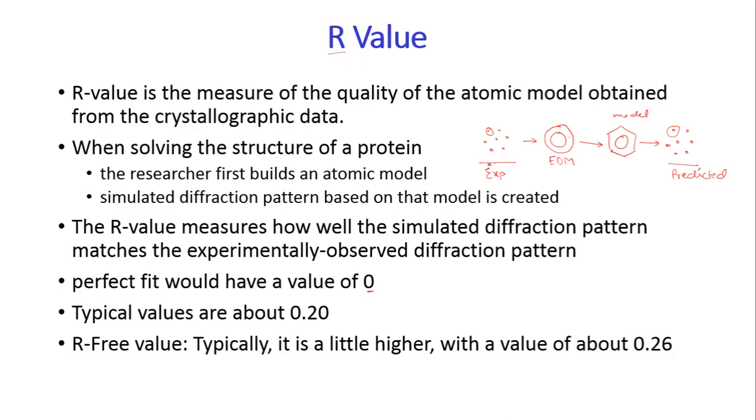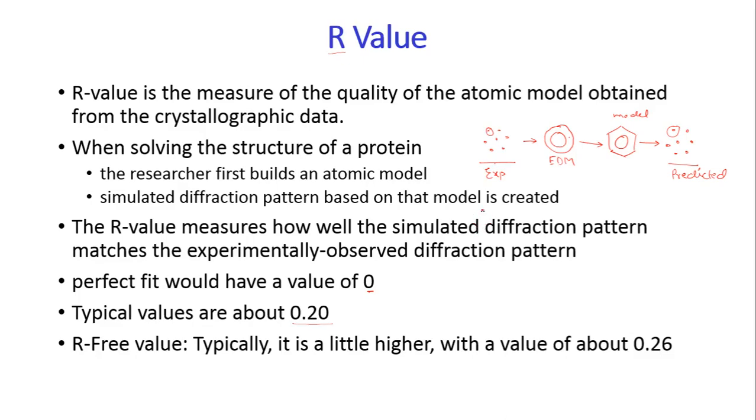But such ideal values are usually not obtained. The typical value is around 0.20 for R value, so the simulated diffraction pattern would have an R value of 0.20 as compared to the experimental diffraction pattern.